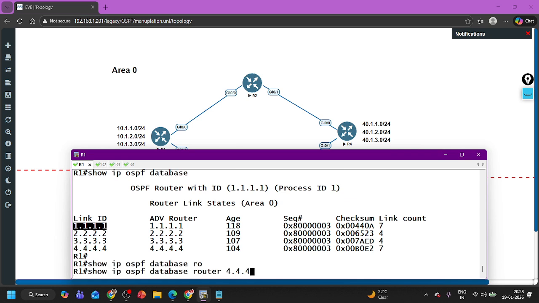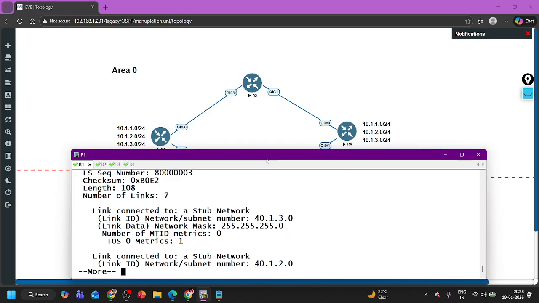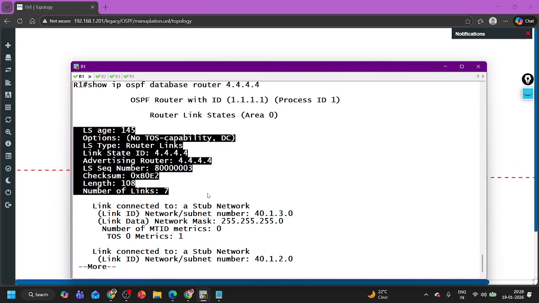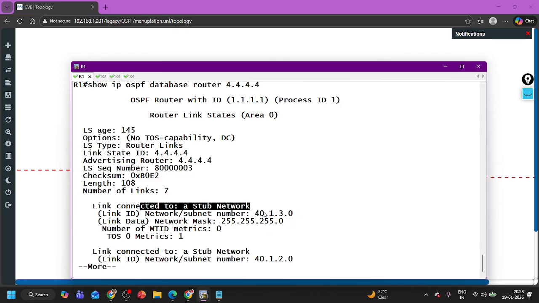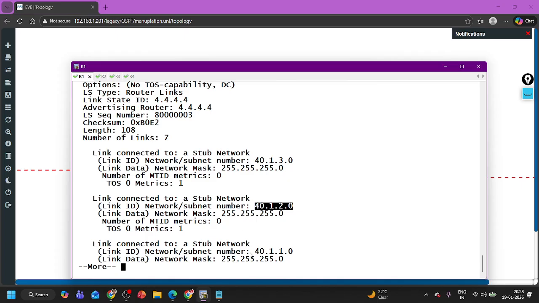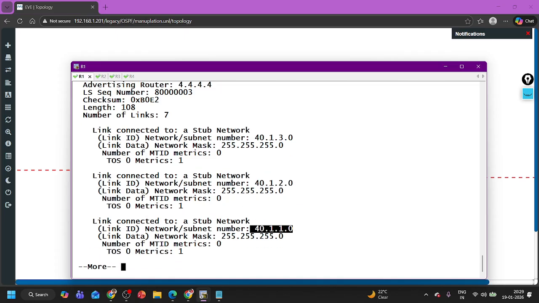Router 4.4.4.4. We open the LSA with the help of link ID. Remember this. Here you can see this is again the LSA header, and here is the stub network information: 40.1.3.0, 40.1.2.0, and 40.1.1.0. Who is advertising these prefixes?